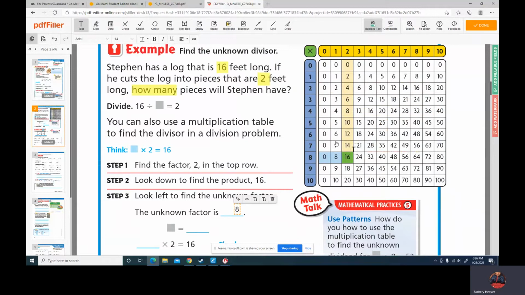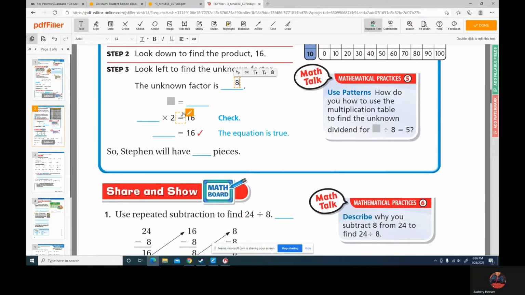So yeah, we know we have 16 feet, and they're cutting pieces of 2, so they go over to 2, find 16, and that right here tells you how many pieces. So we know that the square will be 8.